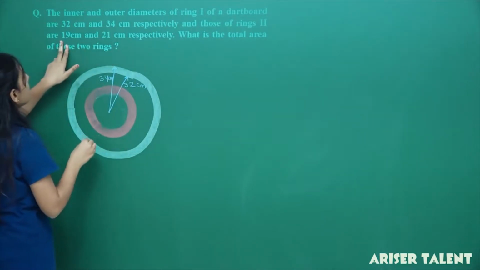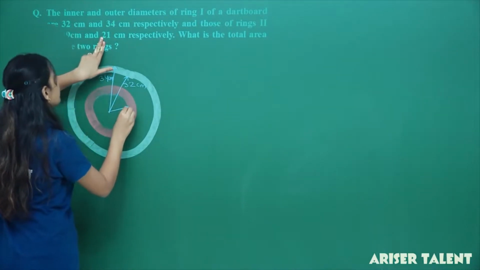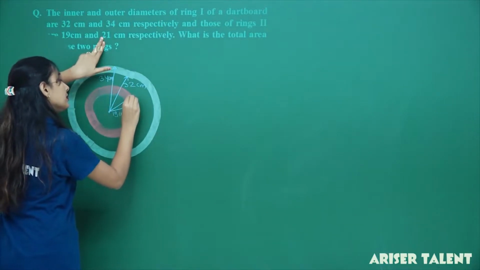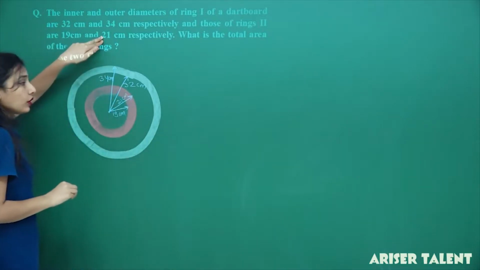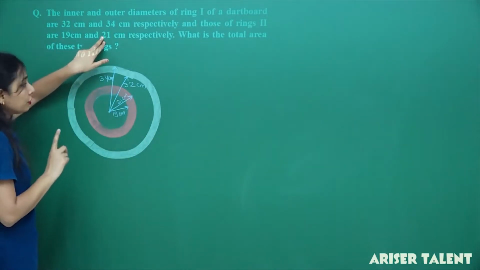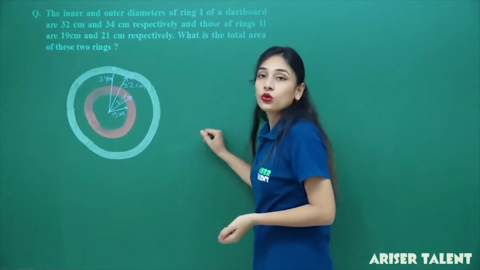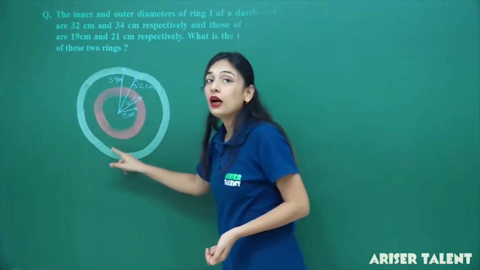And for the second ring they are 19 centimeters and 21 centimeters. So this is 19 centimeters and this is 21 centimeters. Okay students, now you have cleared the question in your mind and what it is actually asking you. You have to find this area and this area.